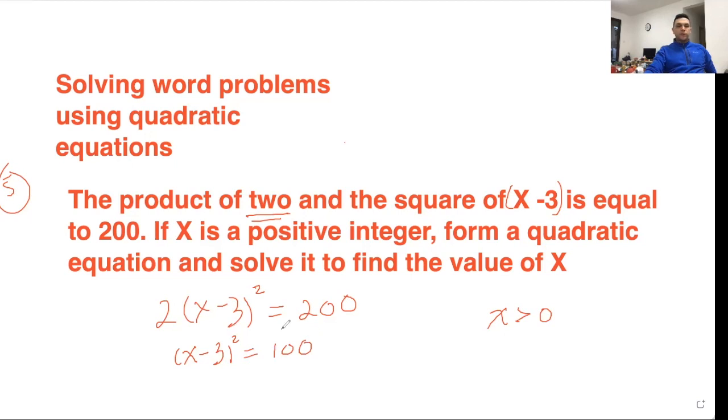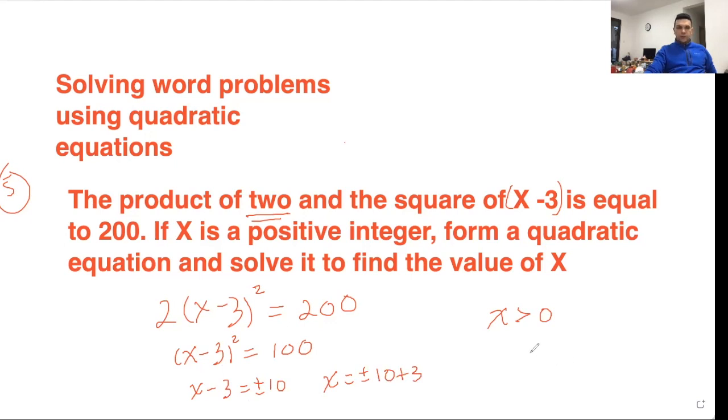Next, I can take the square root of both sides, and I'll get x minus 3 equals the square root of 100, which is plus or minus 10, right? And next, I can add 3, so x equals plus or minus 10 plus 3.